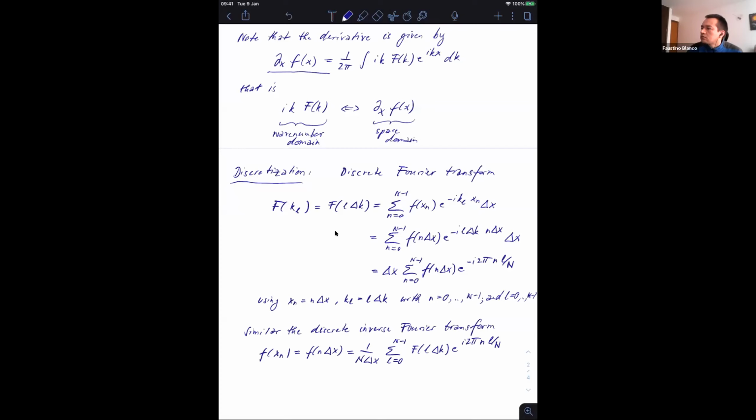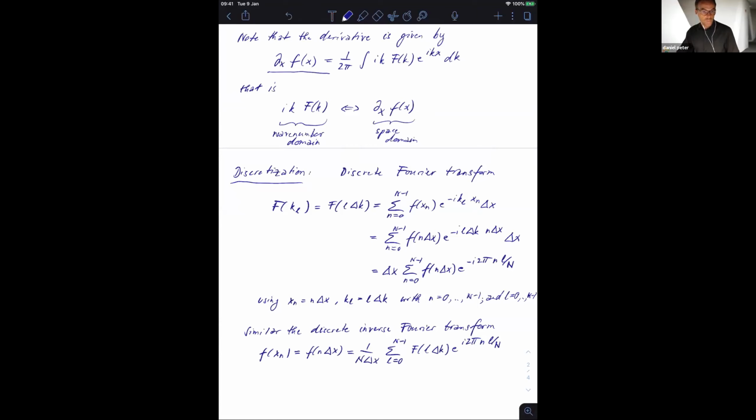Professor? Yeah? I think there is a typo in the notes. Let me find the notes. Yep. In the inverse Fourier transform the sum is over n and it should be over l. Yes, you're right. Okay.